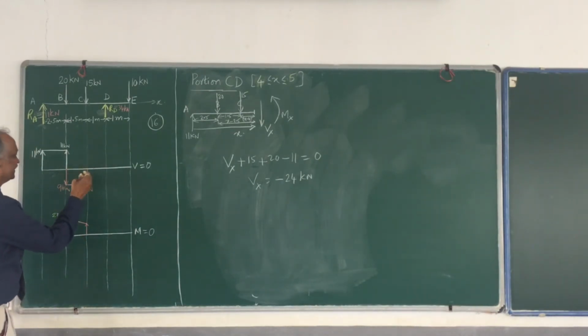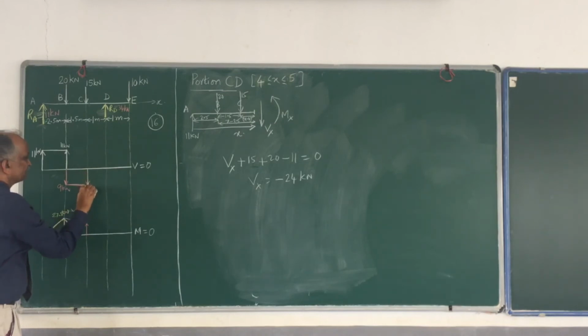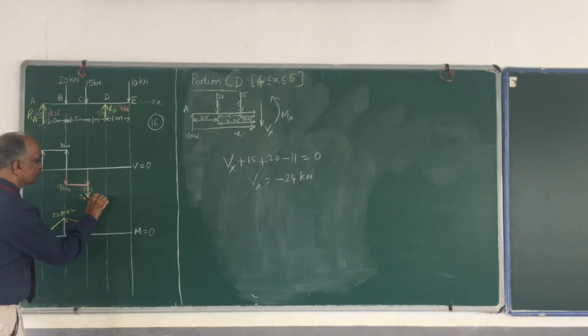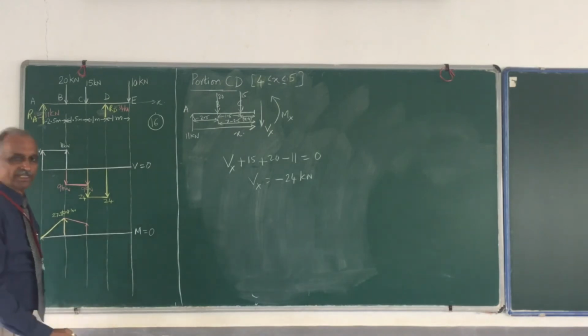So come back here. This is A, this is B, this is C. This is 24. I shall write it as 24, and throughout it remains the same. This also is 24. So this is the shear force diagram.